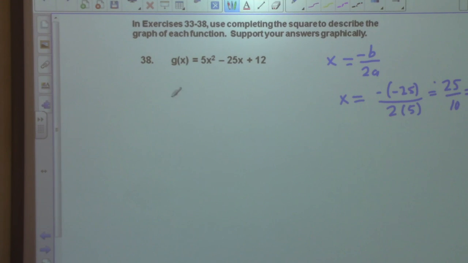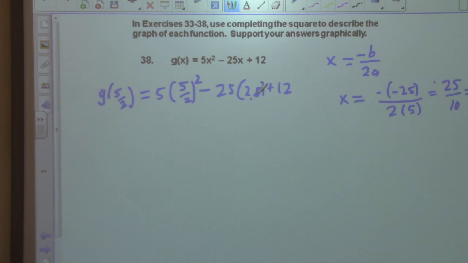Well, what we would have is, we find g of 5 halves, or you could just use 2.5, equals 5 times 5 halves squared, or 2.5 squared, minus 25 times 2.5 plus 12.